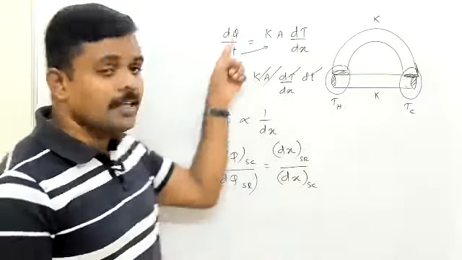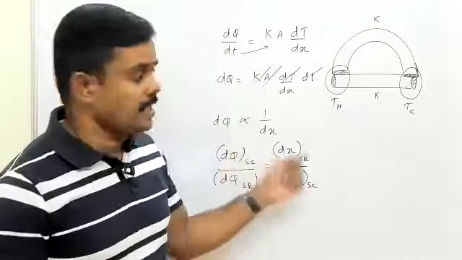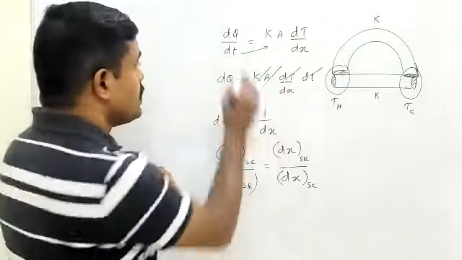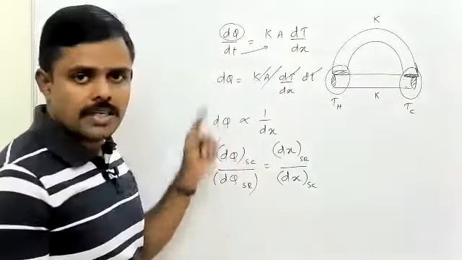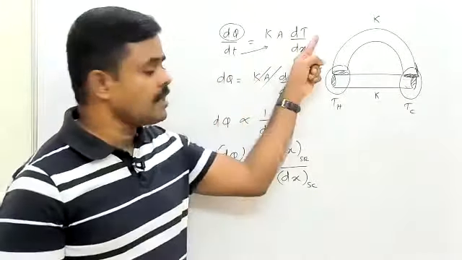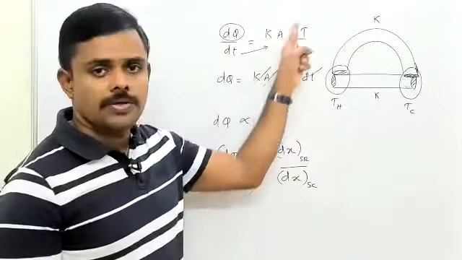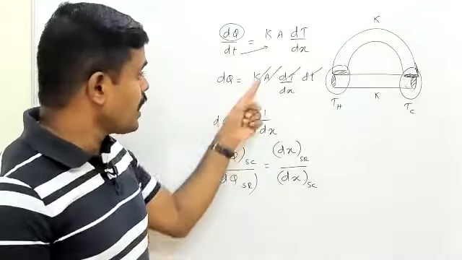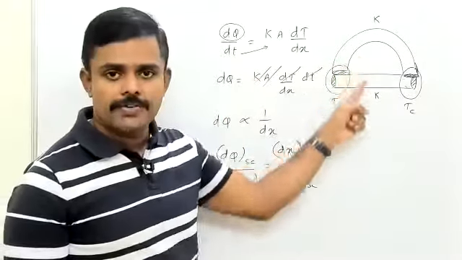Look at this. dQ by dt. What is the equation for dQ by dt? K into A into dT over dx. What I need is dQ, the heat transferred. So the heat transfer will be what? Let us take this to the right hand side: K into A into dT by dx into small dt. And K is same for both. They are made up of same material.